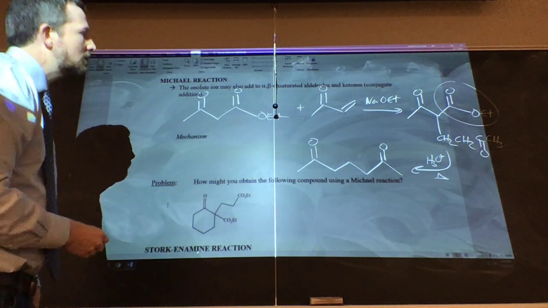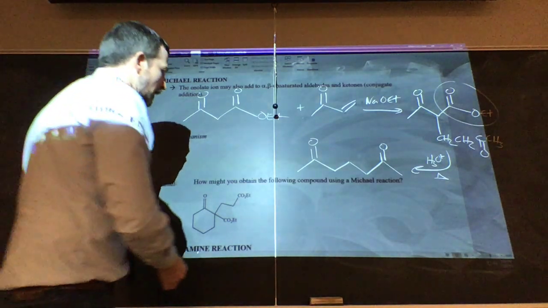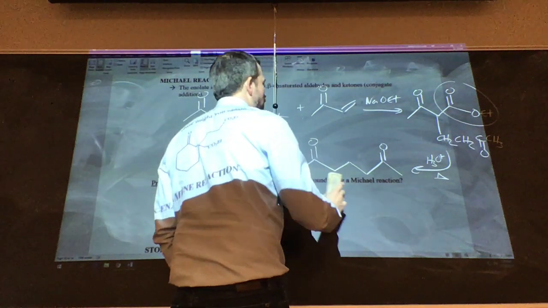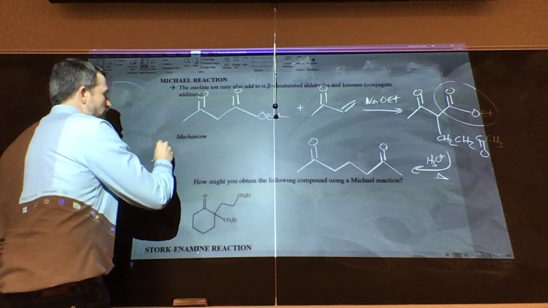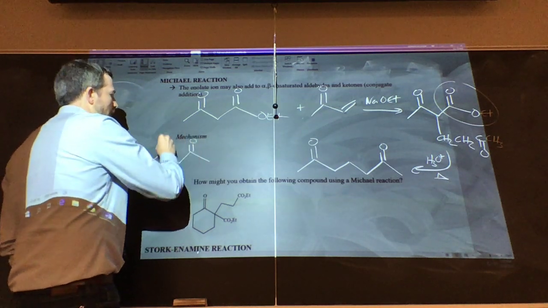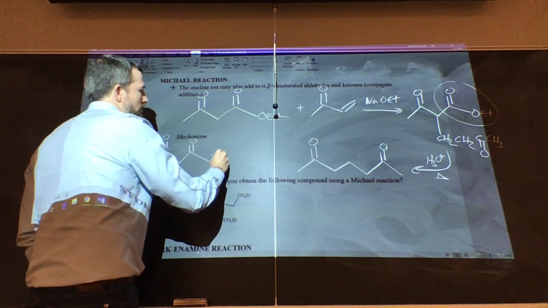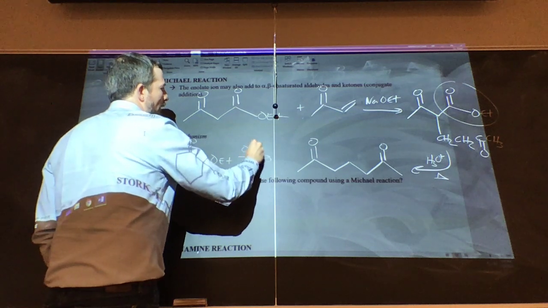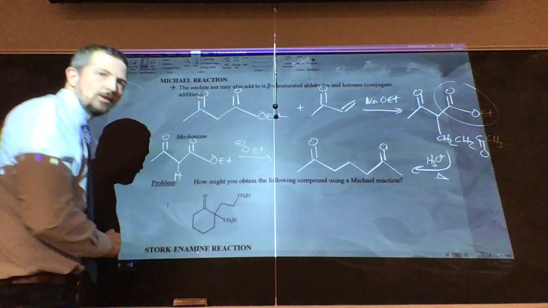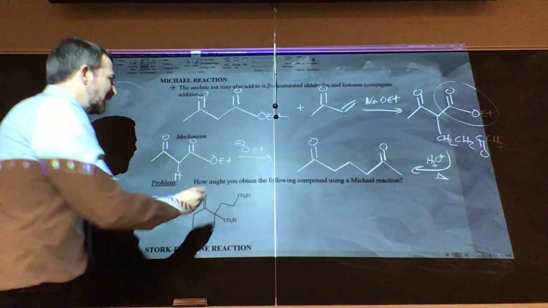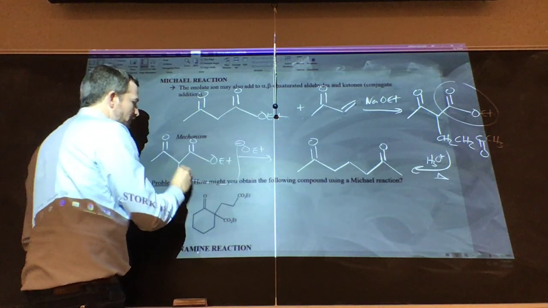Let's go ahead and look at the mechanism for that reaction. Just like with all of them, my base abstracts the alpha proton.